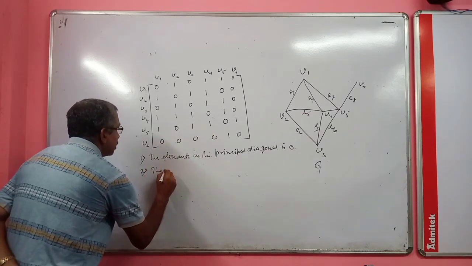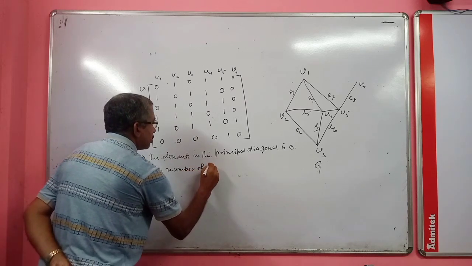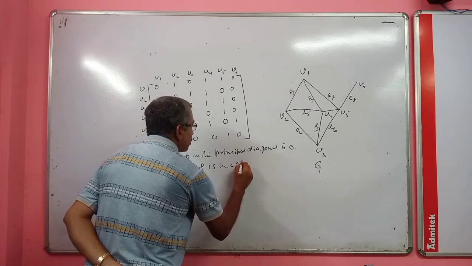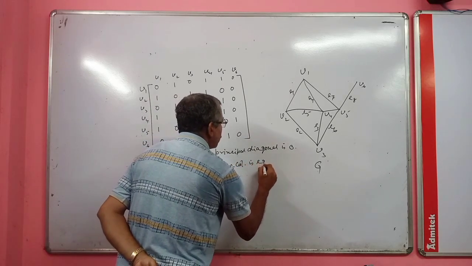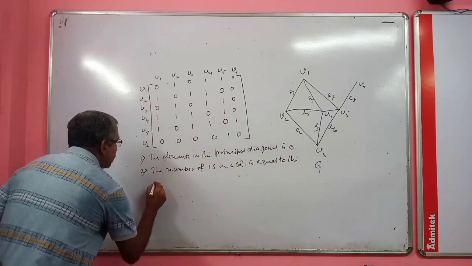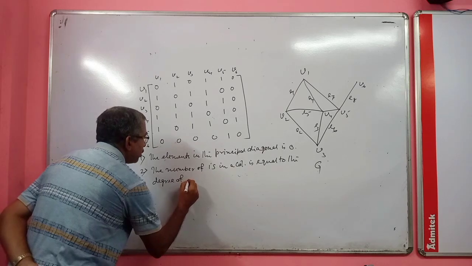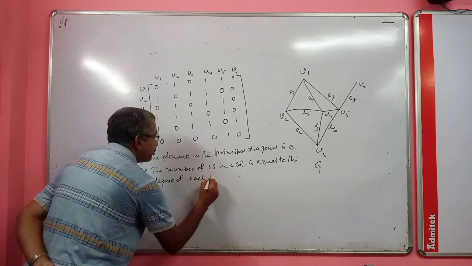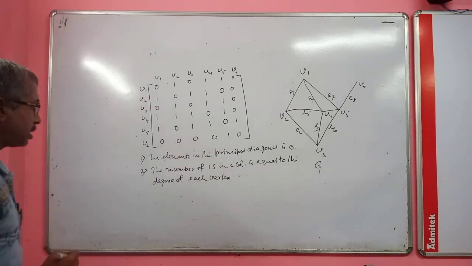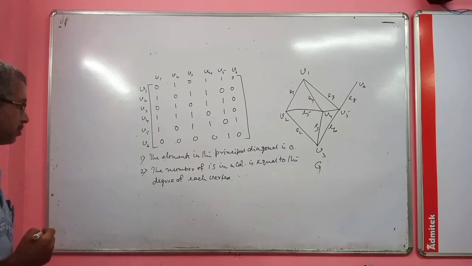That is, we can write: the number of ones in a column is equal to the degree of each vertex.